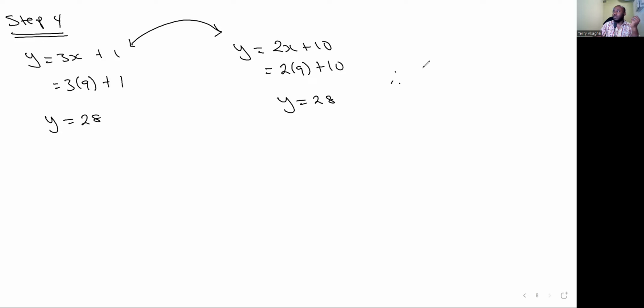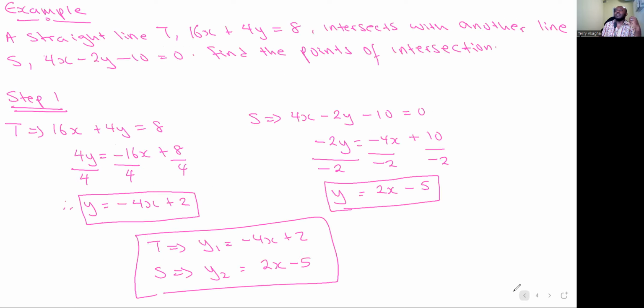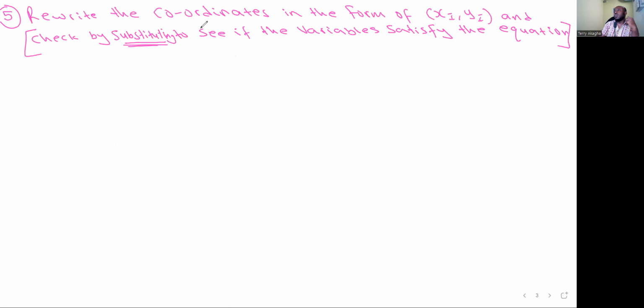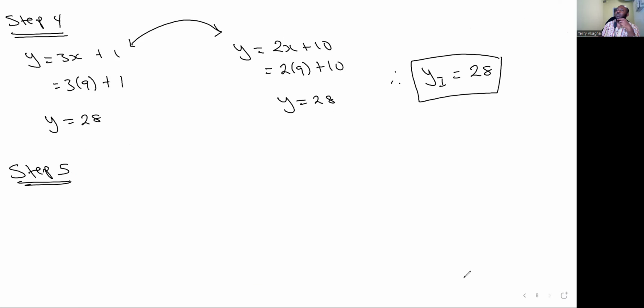So therefore, we can now say our yi is equal to 28. Then step 5, we're told that after we're done with that, we should rewrite it in the right format. So you have to write the coordinates in the form of xi, yi. So we found our xi and our yi.